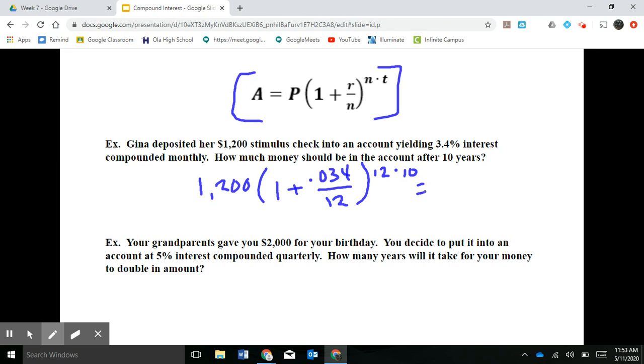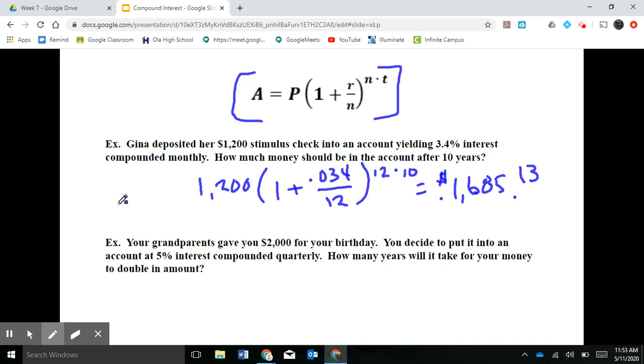All right, so I'll plug it in my calculator. After 10 years, that $1,200 turns into $1,685 and 13 cents. Again, if you want to practice with your calculator, pause it and practice.